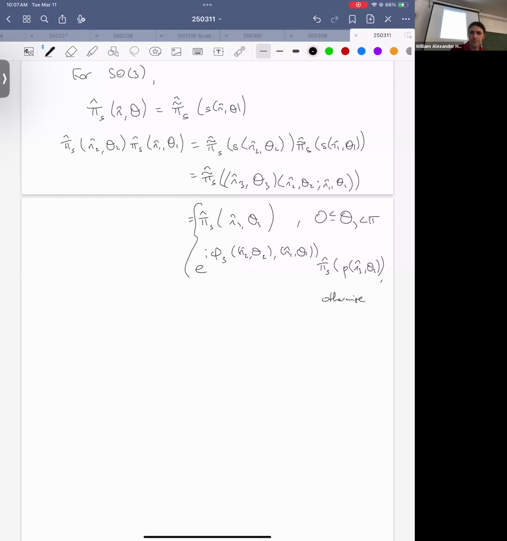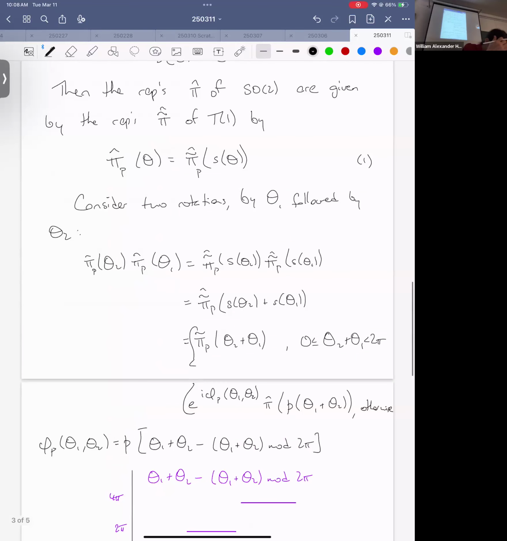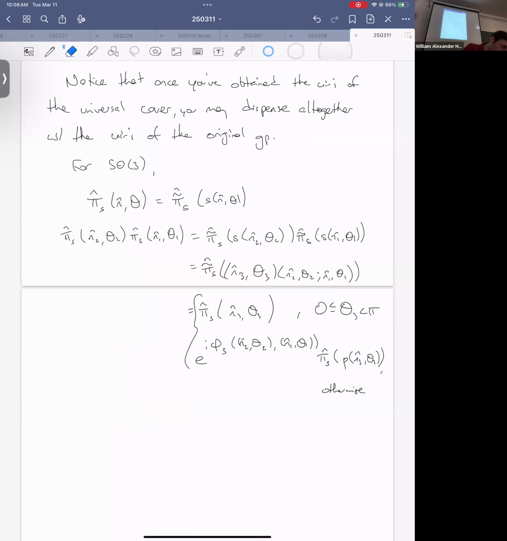I just want to make a couple of other statements of interpretation of what we found. As mentioned, I've used P to classify the UIRs of T1, and that's natural.